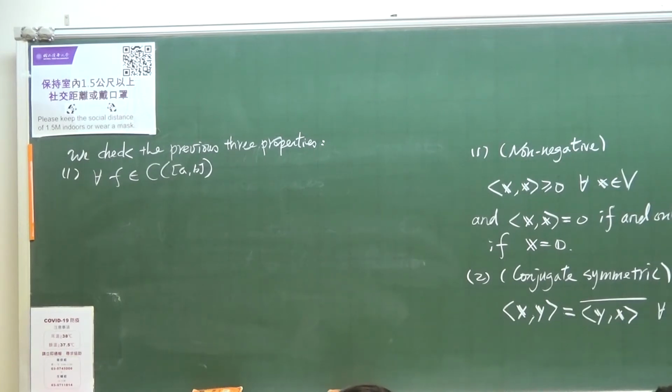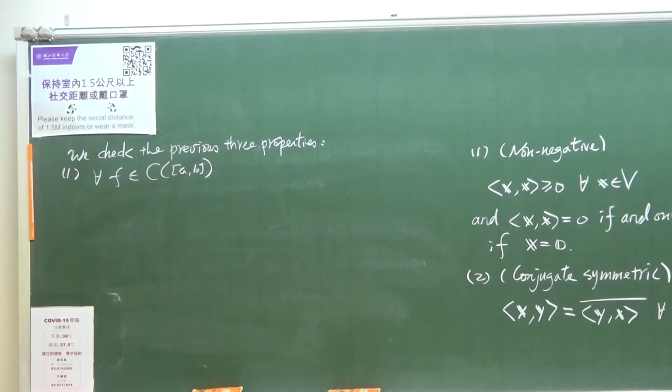And it also satisfies all the other properties. For example, the zero function serves as the additive zero, and a continuous function multiplied with -1 gives you its additive inverse.